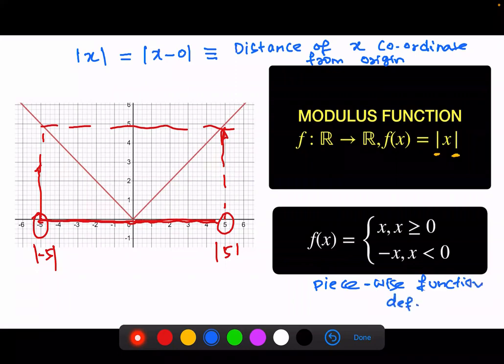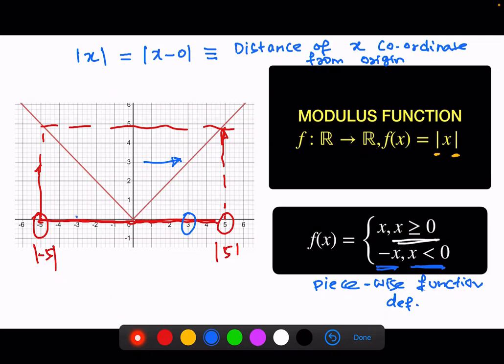Okay, so piecewise function definition. So what is it saying? If your x is greater than or equal to 0, your f of x is x, right? So if you take for example your x is 3, so you get 3. Okay, but if your x is negative, then you're using a different function which is -x. मतलब अगर negative है तो it is getting opened up with a negative sign.